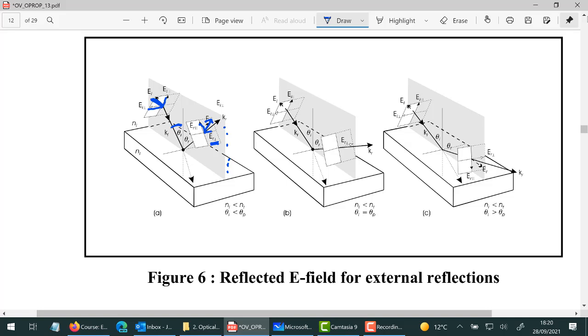If we get to Brewster's angle, then again we have an input vector which is pointing some way at an angle out of the plane, and for the reflected beam we have no parallel light being reflected and we only have perpendicular light being reflected.